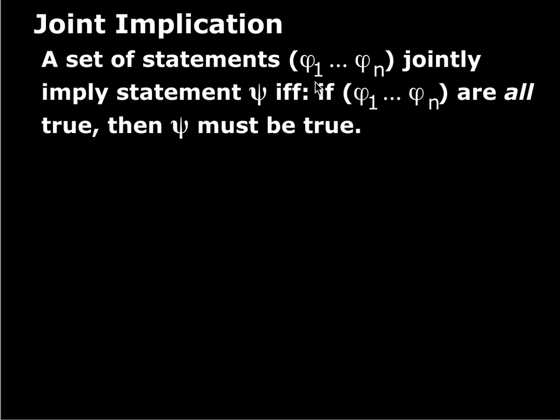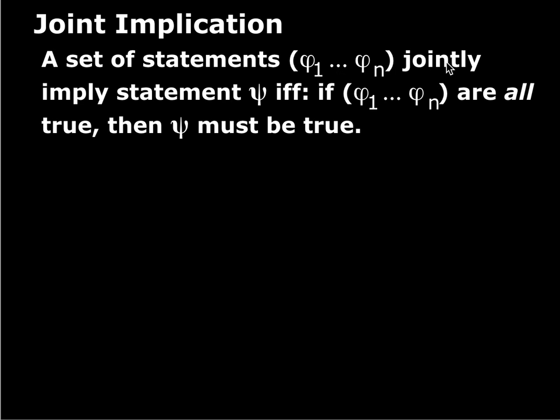The question is going to be, do phi 1 through phi n, and n could be any number, it could be 2, 3, 5, right? So there could be 5 statements here, phi 1, phi 2, phi 3, phi 4, phi 5, whatever. But there's some set of statements.